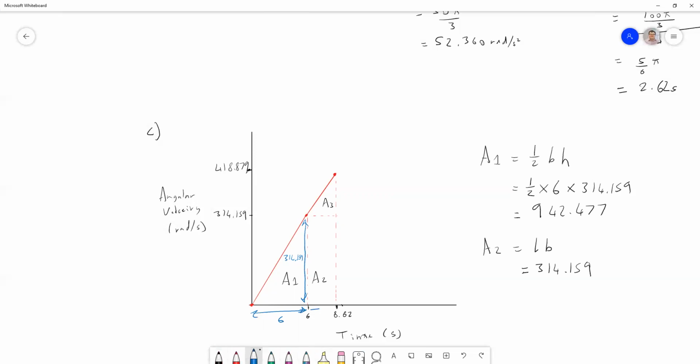So the breadth is this side I'm drawing in here. It's the thin bit between 6 and 8.62. Now, we had to add a number to get that, so we know this is 2.62 as the breadth of the rectangle. So we multiply 314.159 by 2.62, and that gives us our second area.